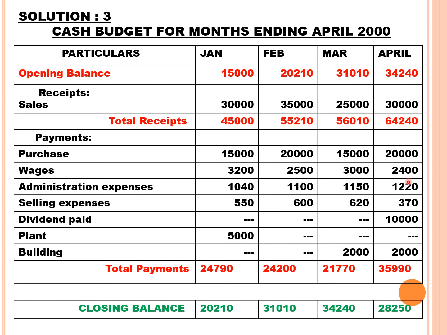Then wages, administration expenses, selling expenses, all the three are March related expenses. Then dividends are paid in April as informed in the question. No plant is purchased in April, plant is purchased only in the month of Jan. Then total payment 35,990 after taking building installment 2,000. You get a closing balance of 28,250.